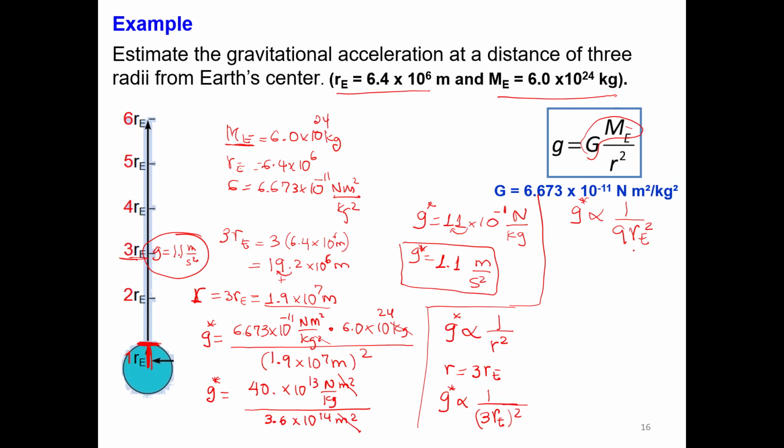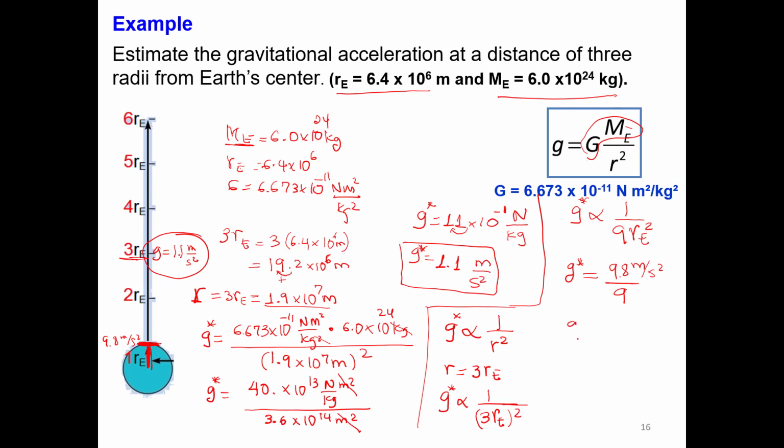Then if the value here is 9.8, the value at this point is going to be 9 times smaller. How we can do it is, we can say the G value at this point will be 9.8 meters per second squared divided by 9, because this value is going to decrease 9 times.